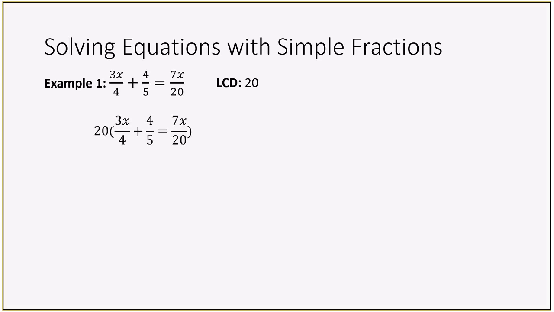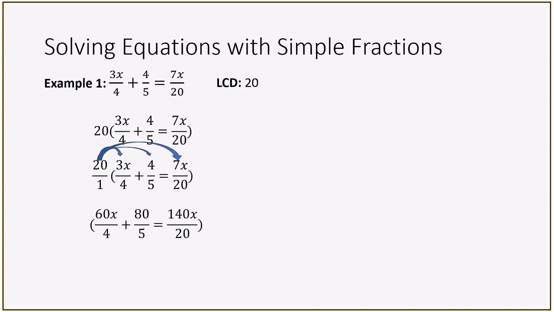So to get rid of all of my fractions, I can multiply everything by 20. Since 20 is a whole number, it's really multiplying just the top of the fractions by 20. So I distribute that through every single number, even if it's a whole number. I'm left with 3x times 20 is 60x, 4 times 20 is 80, 7x times 20 is 140x.